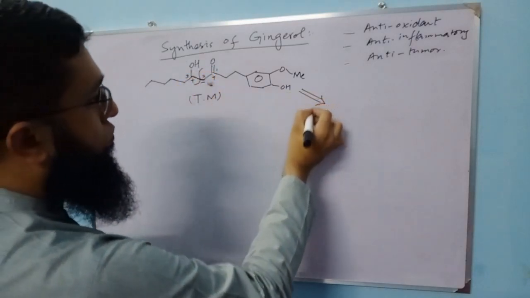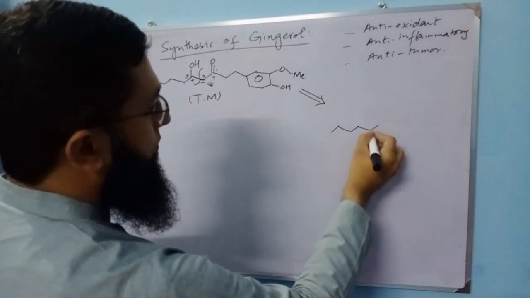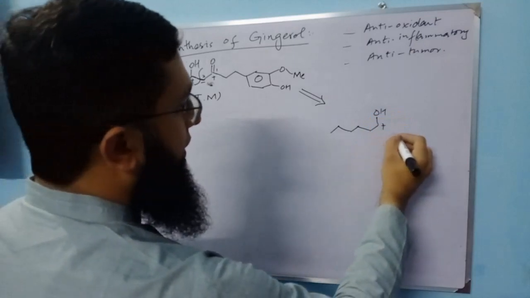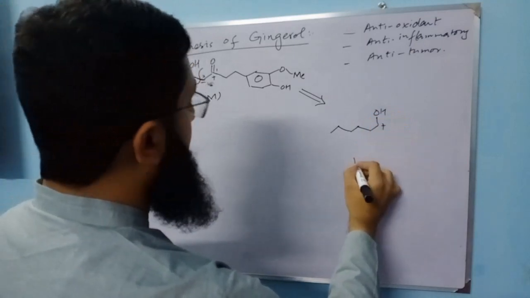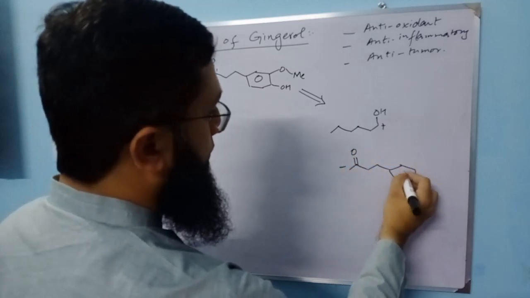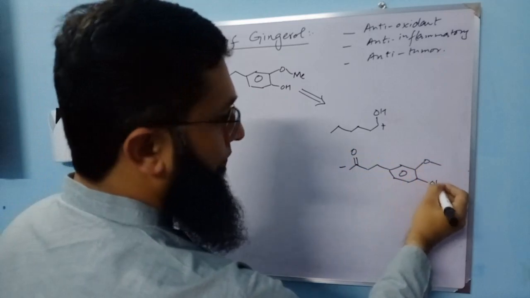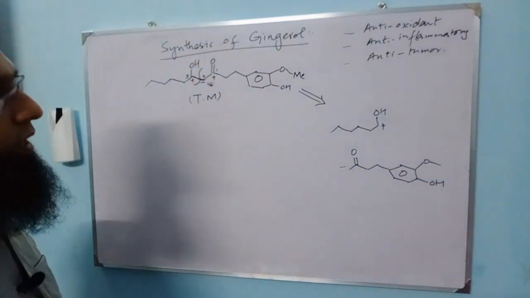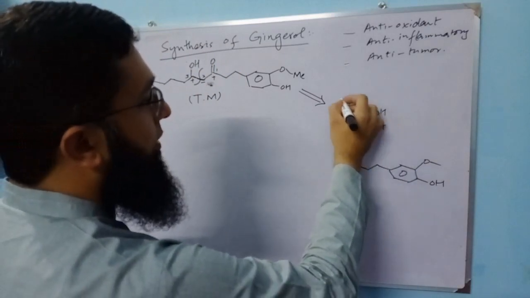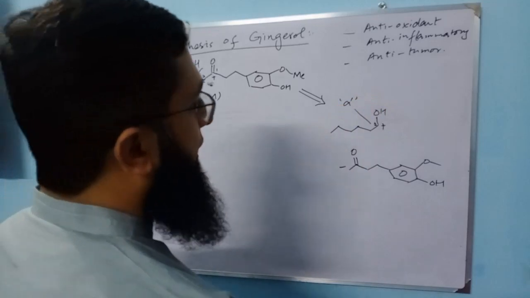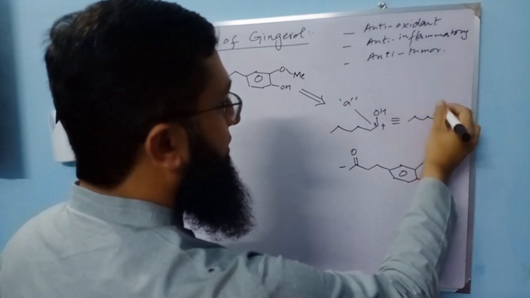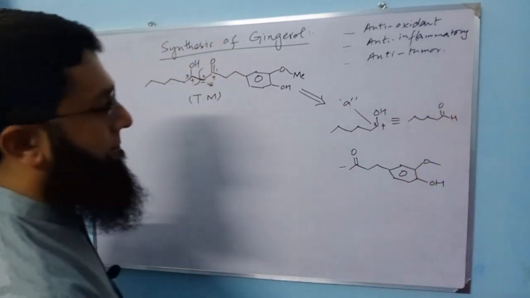As a result, we get this synthon, and here we get this synthon. For this we know that this is an A1 type synthon, an acceptor synthon, and its synthetic equivalent or reagent is the corresponding aldehyde.